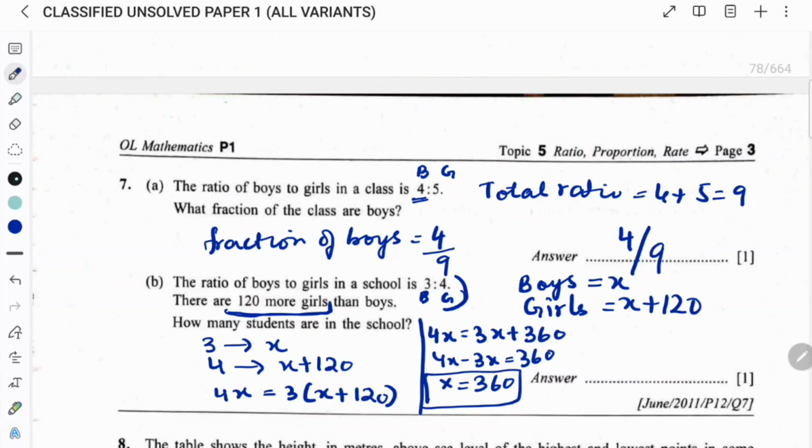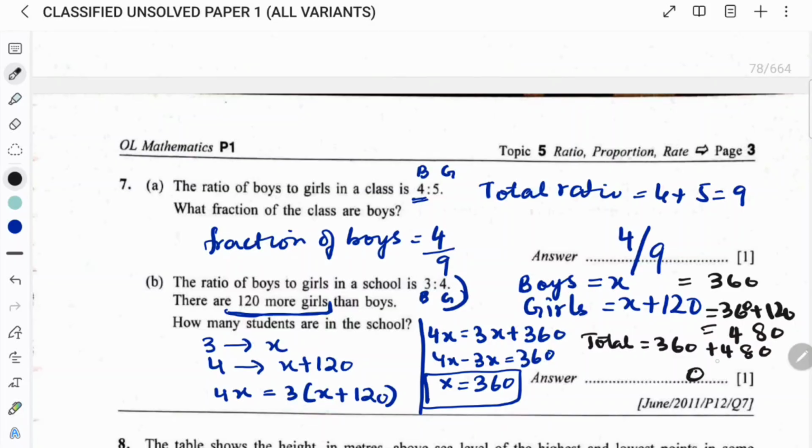Now it means 360 are boys and 360 plus 120 are girls, which equals 480. So the total number of students is 360 plus 480, which is 840 students in the school.